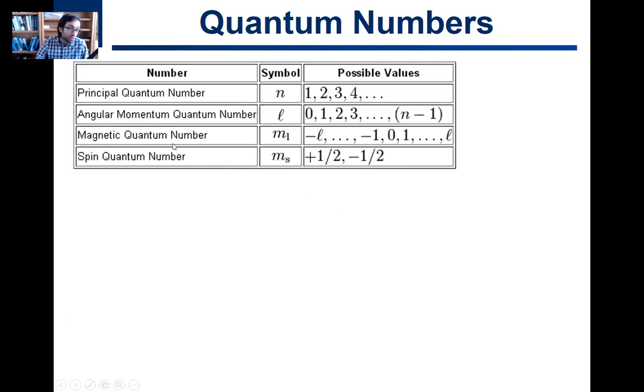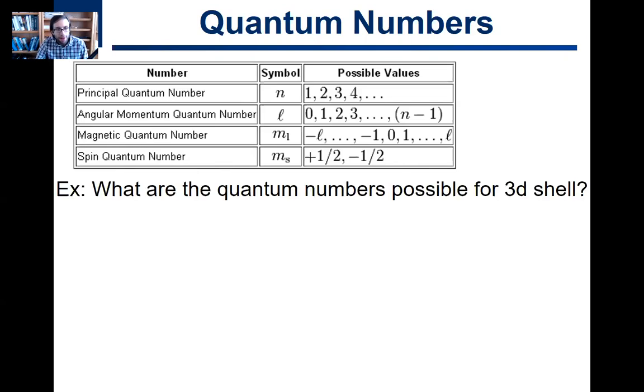There's 7 f orbitals because you're going from -3 to 3. And then there's a spin quantum number, spin up plus 1/2, spin down -1/2.